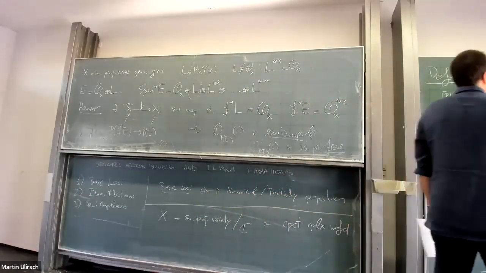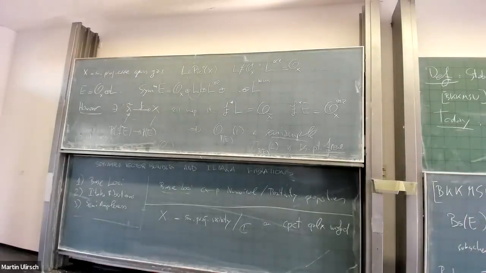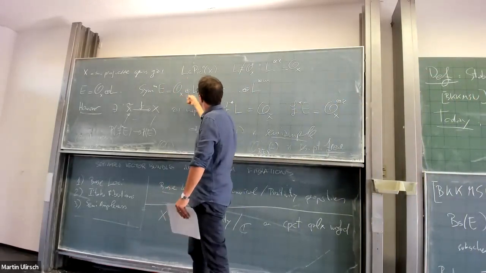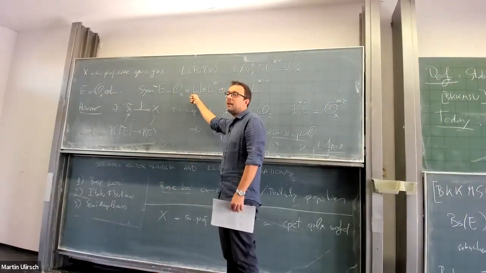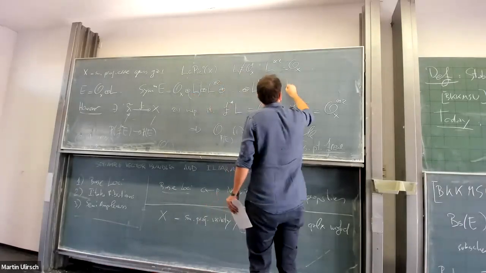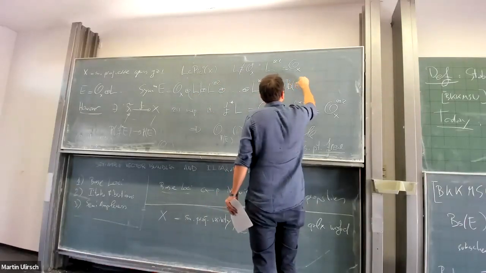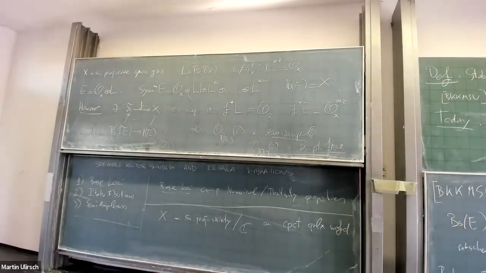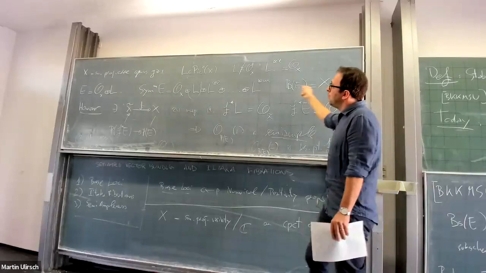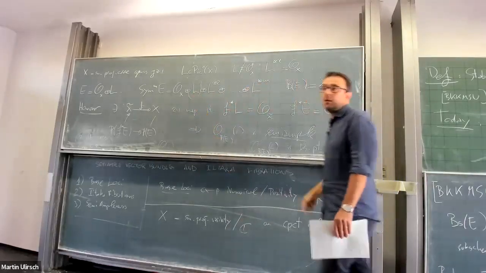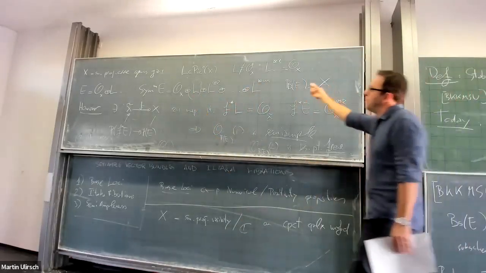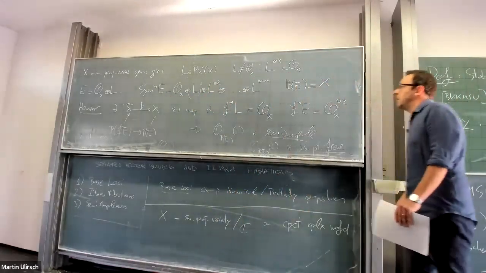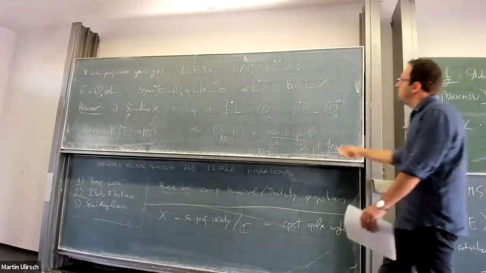So concerning base loci, we can say that in this example here, since the global sections of this are always lacking a component, then the stable base locus of E is always the whole manifold X, because there are no points of X where the global sections surject onto the fiber. So all points of X are base points.